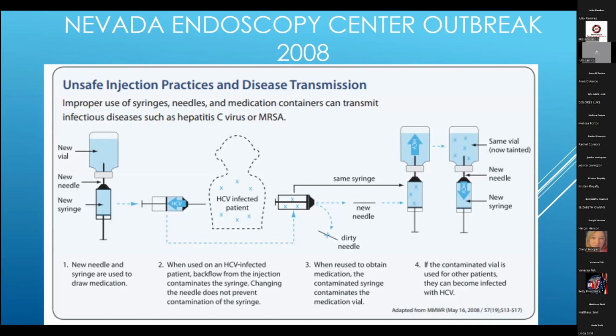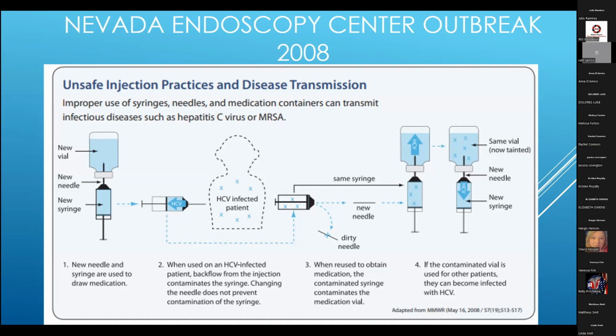So here we have an actual outbreak that happened in 2008 in Nevada at an endoscopy center. And we're going to walk through what exactly happened. In the first picture, you'll see a new needle, new syringe where medication was drawn up.